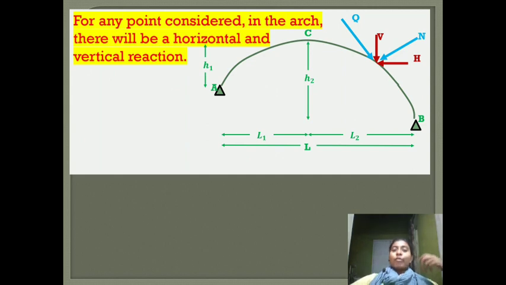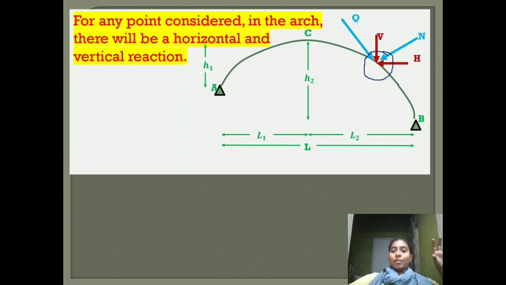Now, for any point considered in the arch, there will be horizontal and vertical reactions. That is, this is our arch. You consider any point anywhere in the arch. For example, in this case, I am taking the point here.